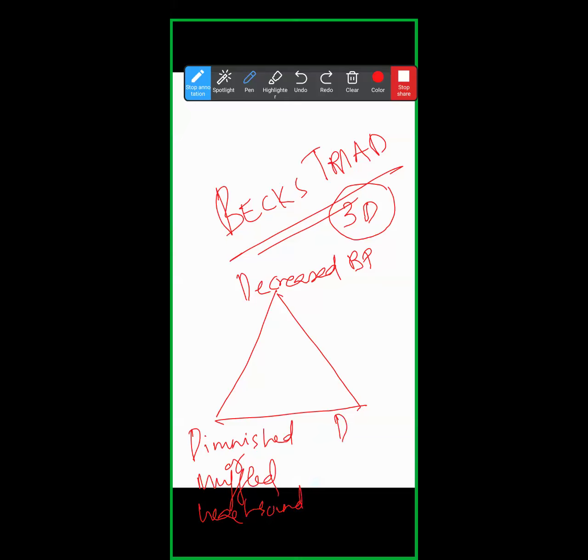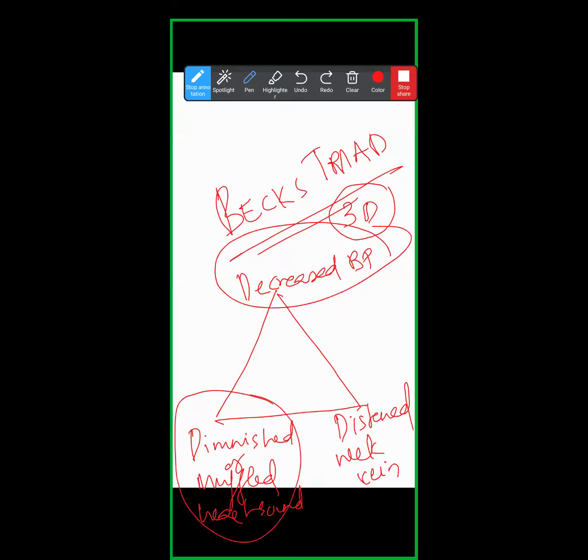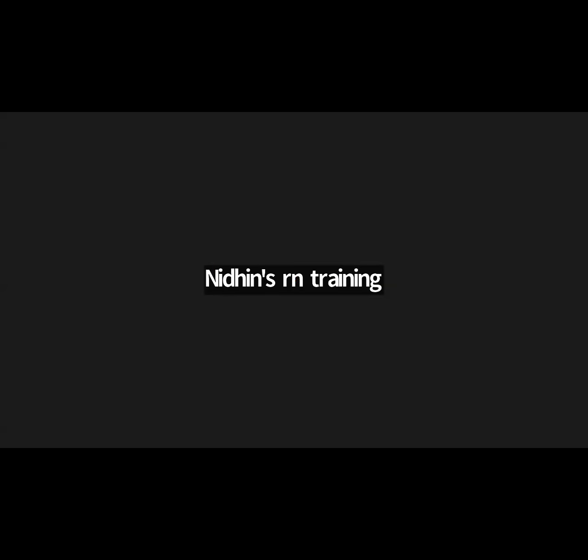And third D for distended neck vein. That means jugular vein distension. If you see these three symptoms in any patient, definitely it is what? Cardiac tamponade. Cardiac tamponade is the classical features of Beck's triad. 3D.